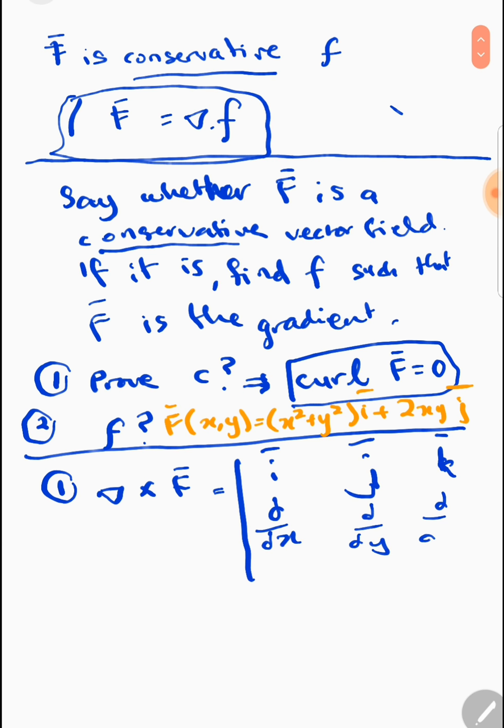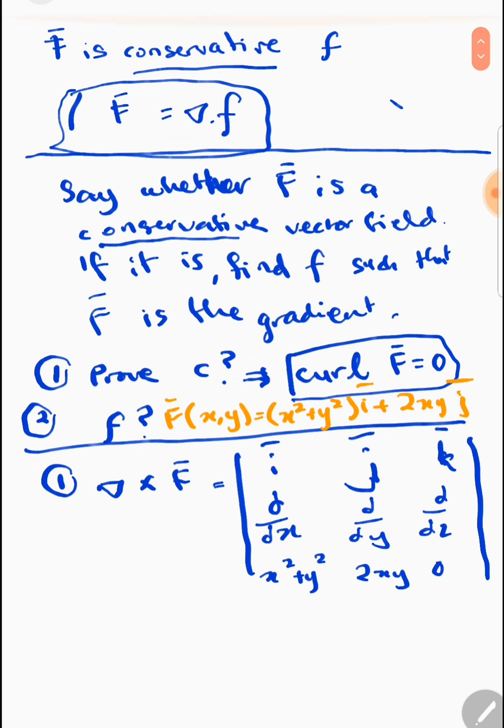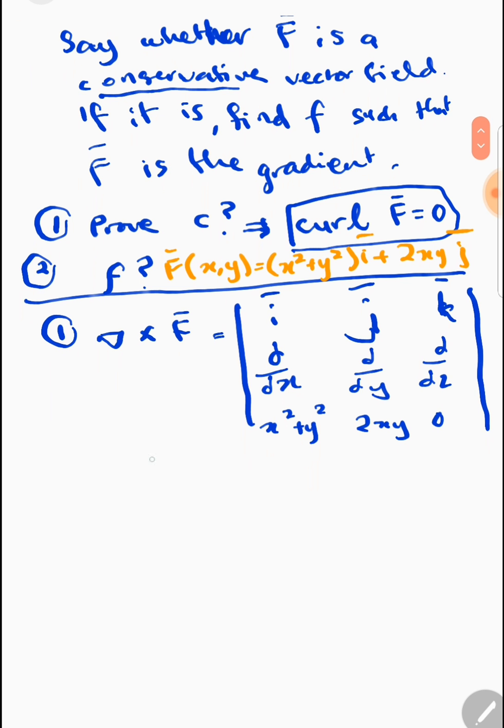Then x squared plus y squared for the i, 2xy for the j, and 0 here. We've covered how to perform the cross product, or the curl of F, in the previous video, so I'm not going to go into much detail.